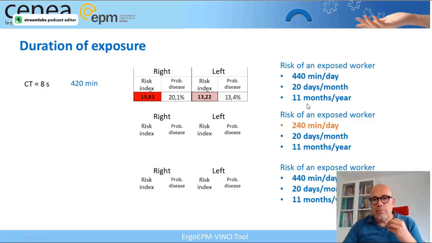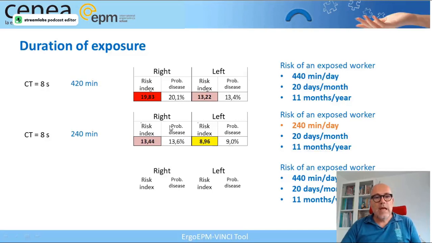Obviously, if we reduce the exposure time, for example, continue doing it every day of the year, but every day 240 minutes fewer hours, the rest of the day does not work, obviously we can recalculate and the risk indices will be lower.